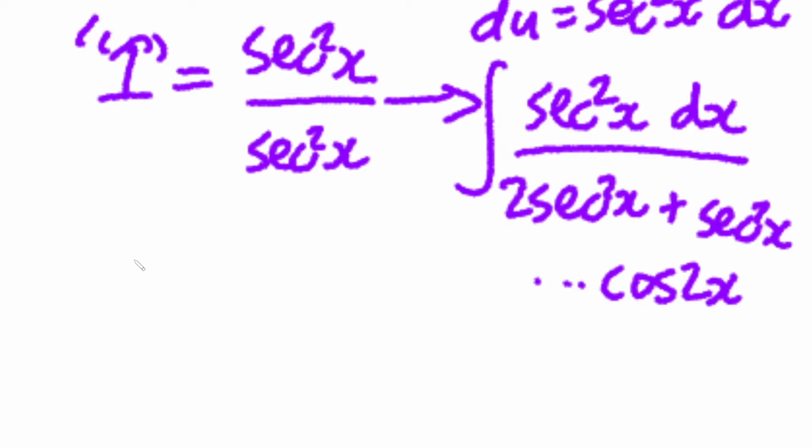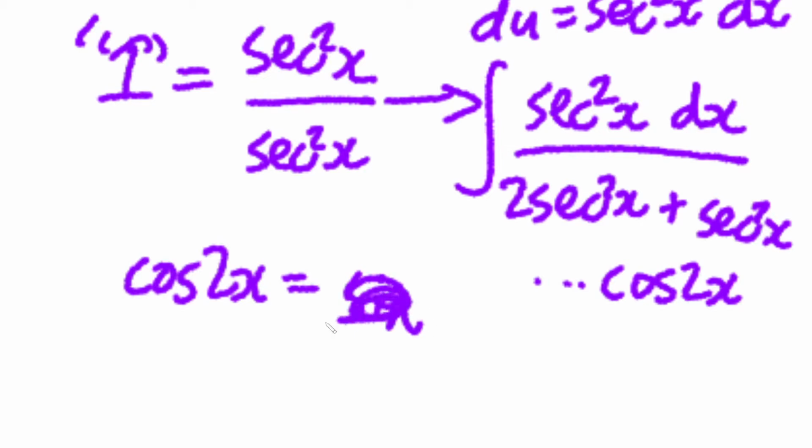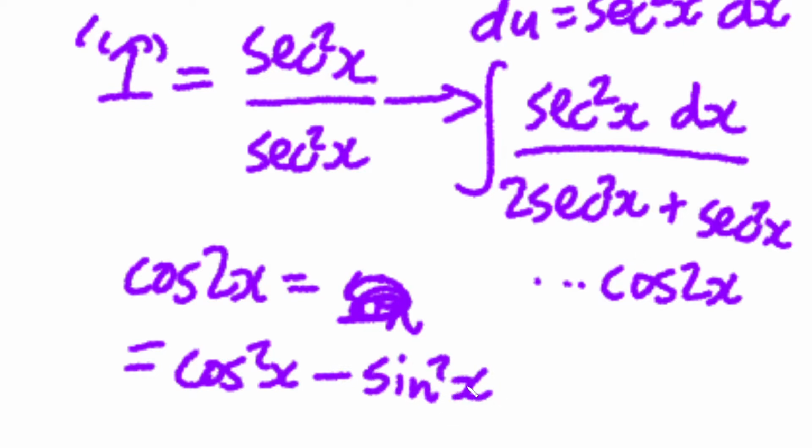So secant squared x and cos 2x, how do we work with this? Well, we know that cos 2x by the double angle identity must be cos squared x minus sine squared x. And say we multiply this by secant squared x.